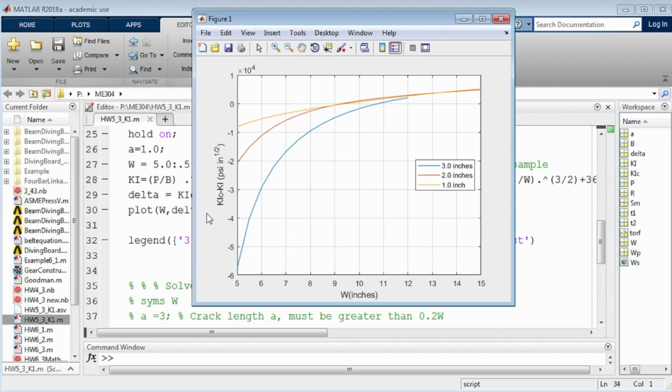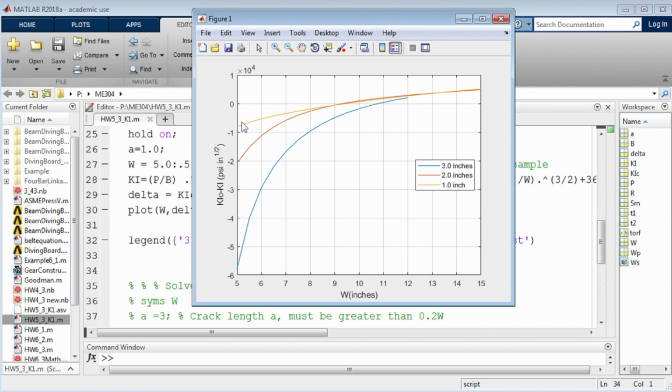So we're plotting the delta value, or the difference between the critical and the stress intensity factor versus the parameter W for the compact tension specimen. So where each of these curves cross the y-axis at 0 corresponds with the solution that works, that would result in fracture of the specimen.